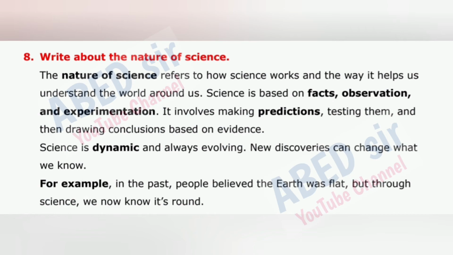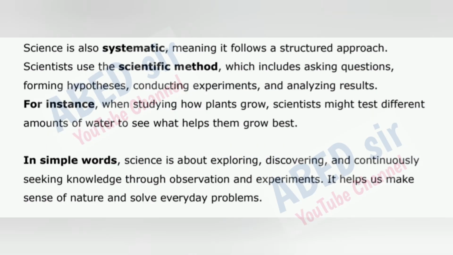For example, in the past, people believed the earth was flat, but through science, we now know it's round. Science is also systematic, meaning it follows a structured approach. Scientists use the scientific method, which includes asking questions, forming hypotheses, conducting experiments, and analyzing results.